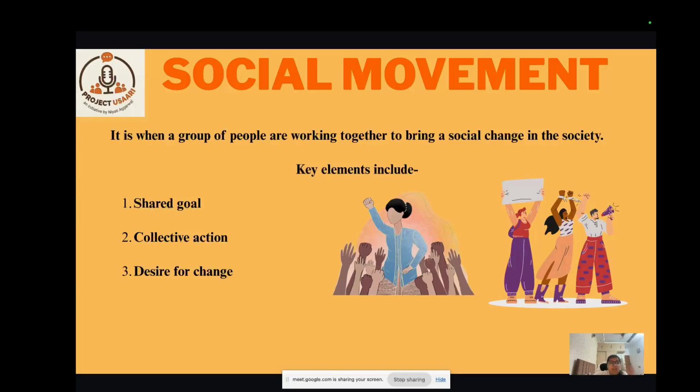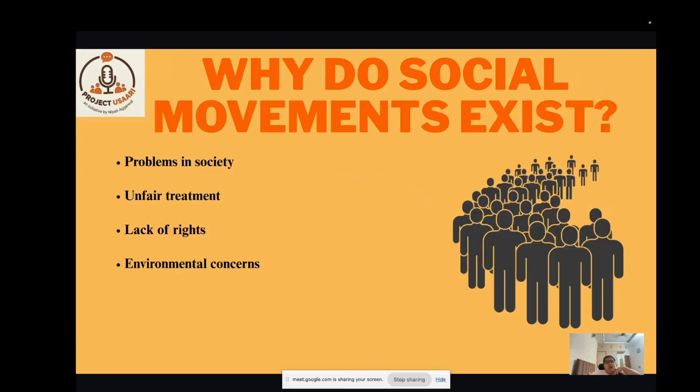At its core, a social movement must make some kind of change to a certain extent, because otherwise there would be no point in having a social movement in the first place, since it means to bring about a change in society. Again, pretty easy slide.